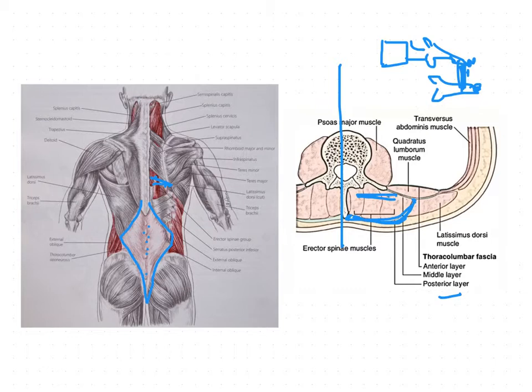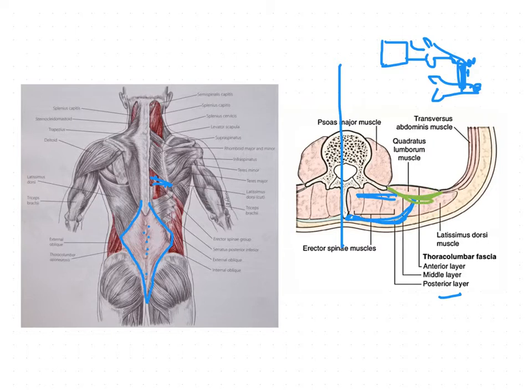The posterior layer covers the erector spinae, and at the lateral border of this muscle it attaches with the middle layer of the thoracolumbar fascia. Here you can find the middle layer. So this is the middle layer.